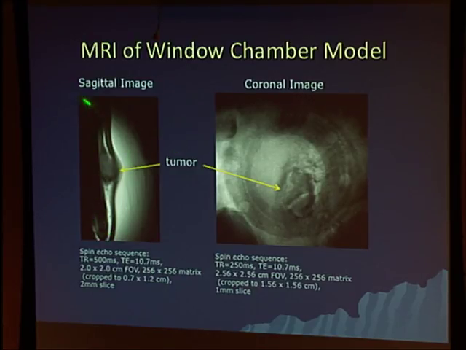Here's the window chamber structure along there, and this is the mammary fat pad, the lining, the abdominal lining, and you can see there's a tumor that's been implanted and growing in very nicely on the surface. And here's the sort of en-face view. This would be like the confocal microendoscope view of sticking down on top of the window chamber. So there's the window chamber, and you see the tumor there.